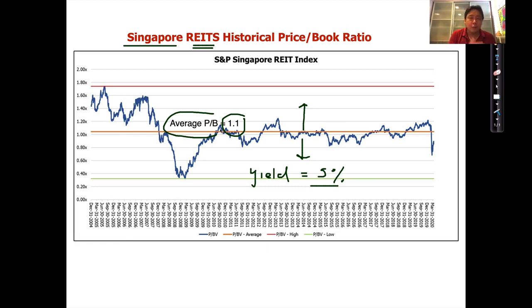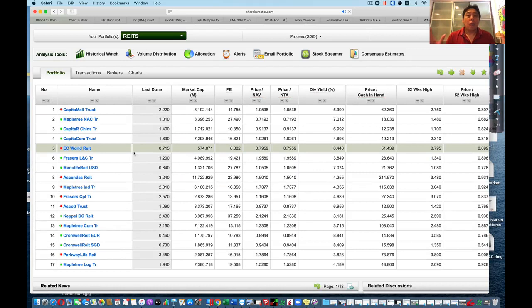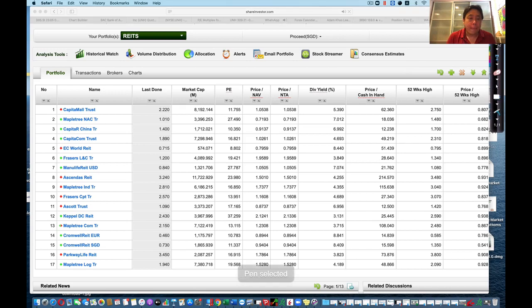So let me give you a few examples right now. Over here, I've got a list of some of the high quality REITs that are listed in Singapore. And by the way, Singapore is one of the best markets to invest in REITs because some of the best REITs are listed in Singapore. So over here, you can see the list of REITs. And again, what am I looking for? Two things to know if it's expensive or cheap.